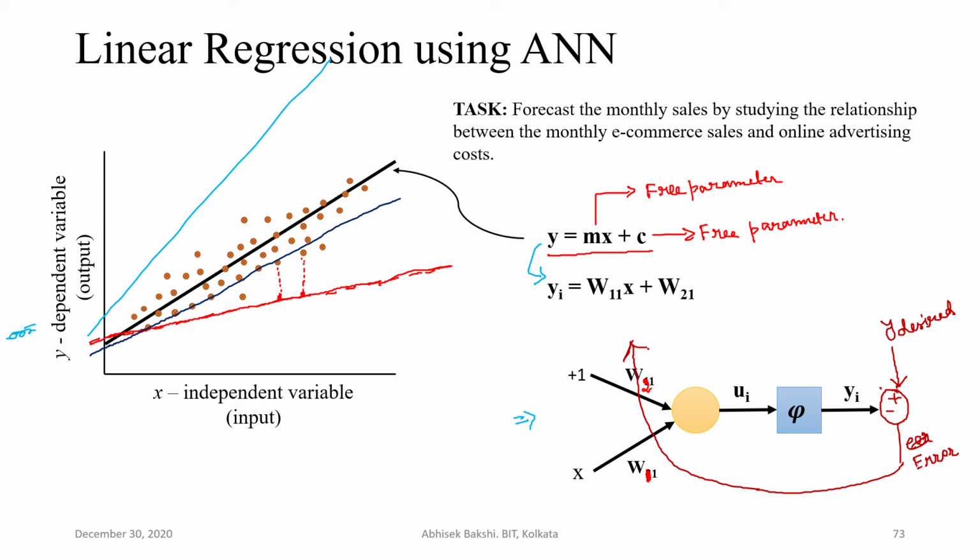If you imagine that it continues for a lot of different samples, a time will come when W21 and W11 will be learned so well that they will be very close to the actual M and C that represent the line, and at that time you will get minimum average error.